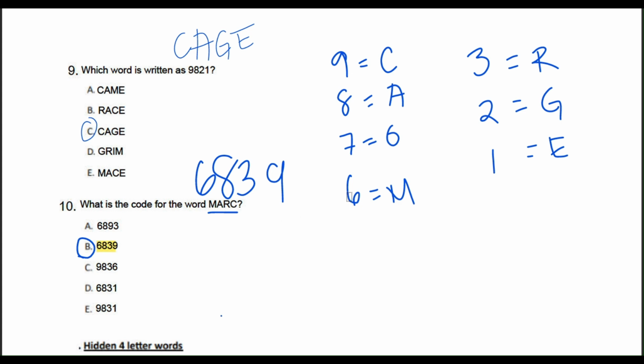A equals 8, C equals 9, E equals 1, G equals 2, I equals 5, M equals 6, R equals 3, O equals 7. So let's replace each letter in mark with its number. M equals 6, A equals 8, R equals 3, C equals 9. Put them together in the right order and you get 6,839.